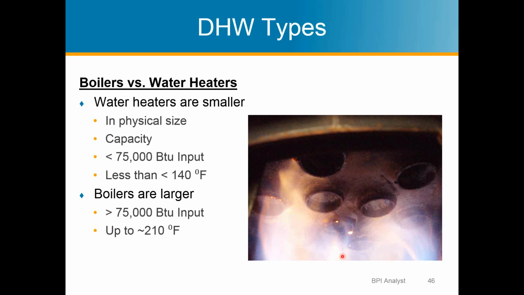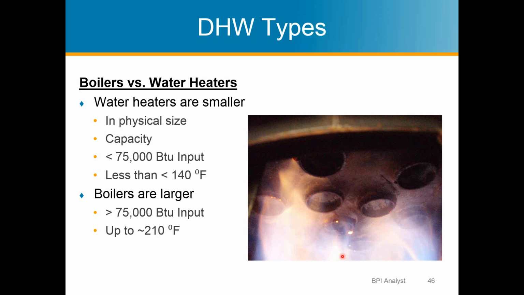Where boilers are larger, they're more than 75,000 BTUs and can be much hotter. It's just a pretty picture on the right of the flames heating water in a water heater, but there is a difference, and really it's about size.